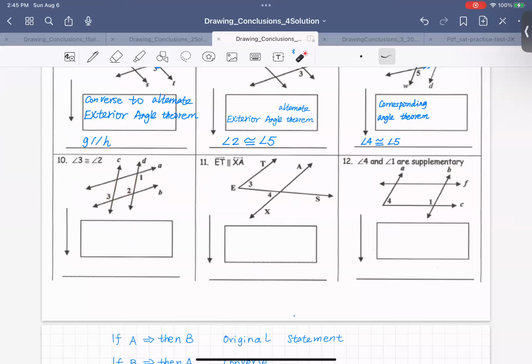From these two angles congruent, you want to see these two lines parallel. Oh, and this corresponding angle converse. Thank you.